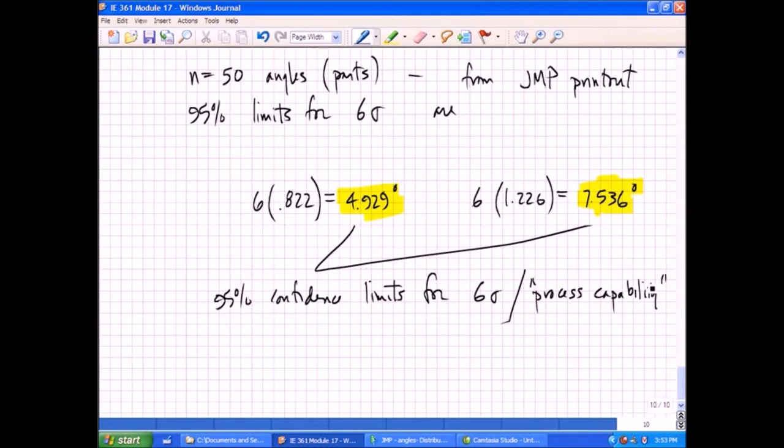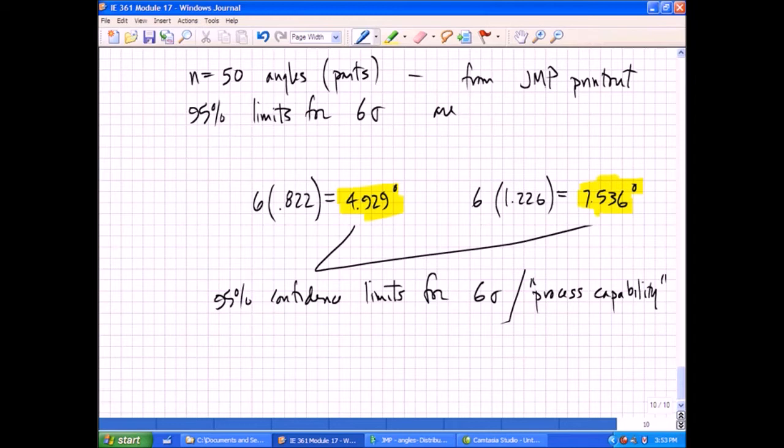Capability in the sense of, I want to know about what the process spread is going to be. It's going to be somewhere between about 5 and 7.5 degrees in terms of how variable these hole angles are going to be.